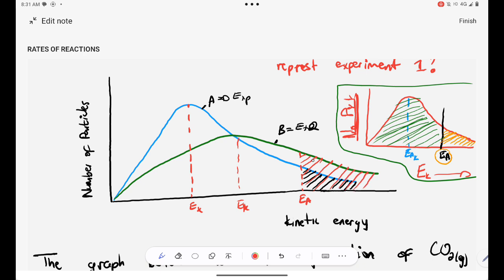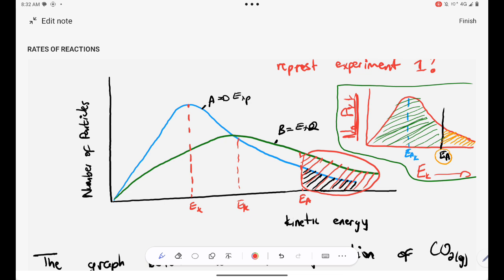Do you see that now we have a greater area of effective collisions? That area represents the total number of our effective collisions. So the green curve has more effective collisions compared to the blue curve, which simply means that the green curve represents the reaction that took place at a higher temperature.